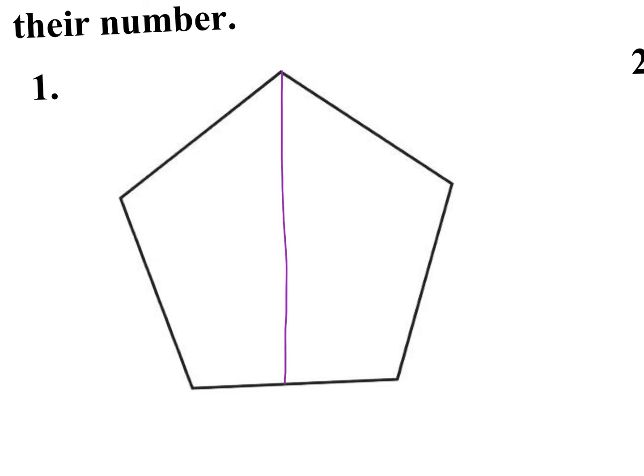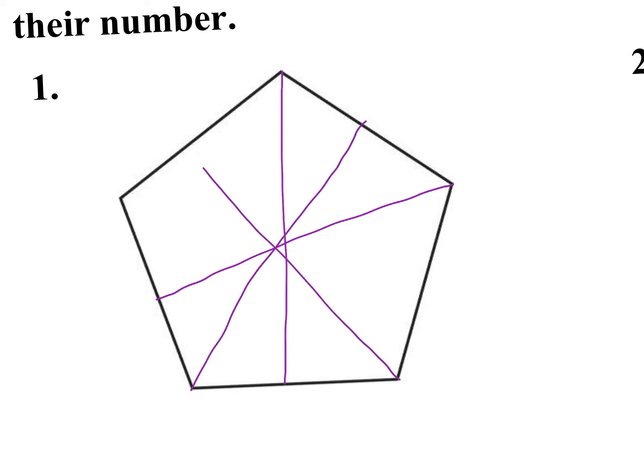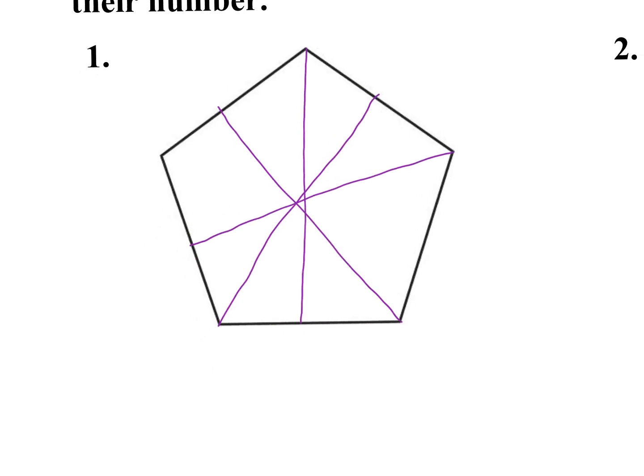If I actually do that for each of my vertices to the opposite sides, like so, we end up with 5 lines of symmetry. So yes, it has lines of symmetry. There are 5 lines of symmetry.